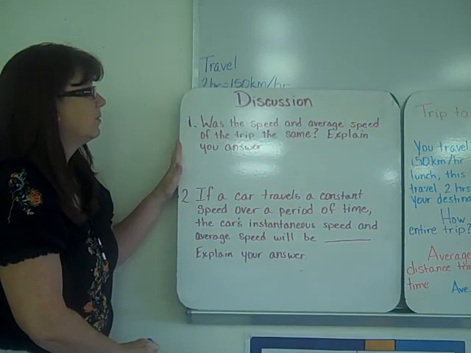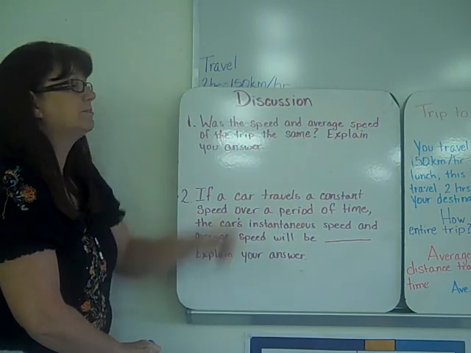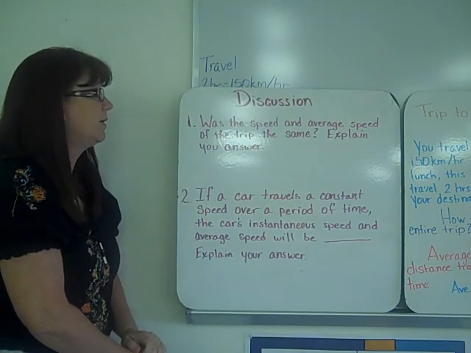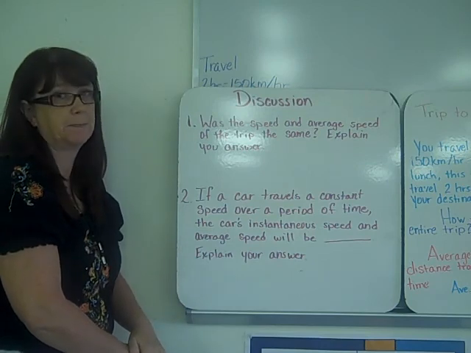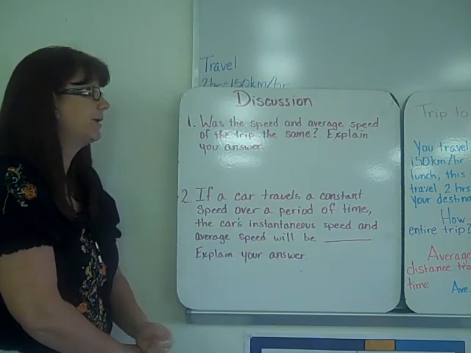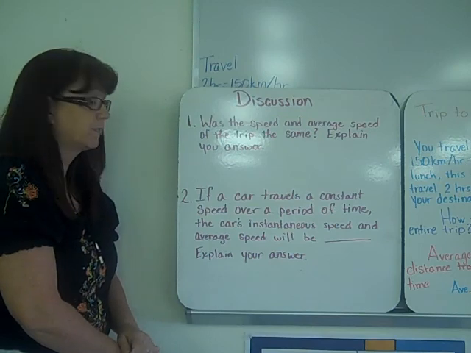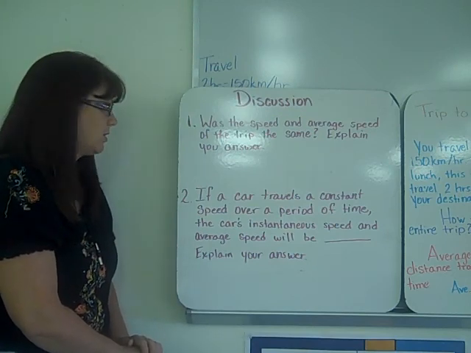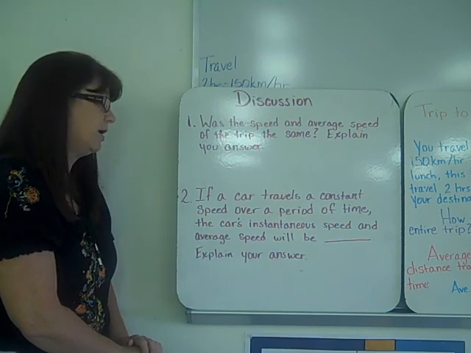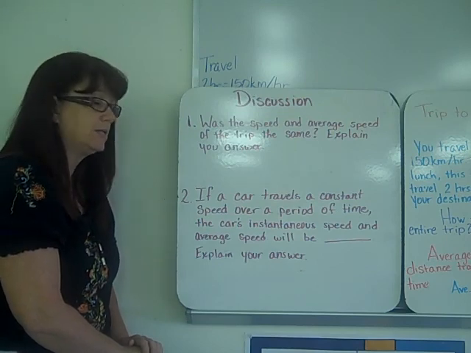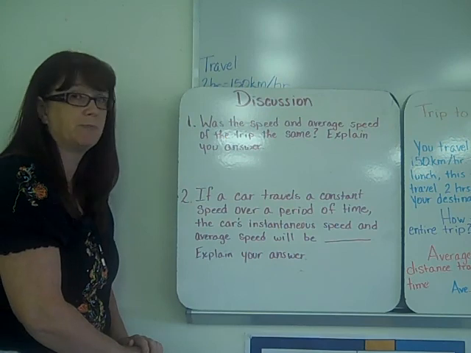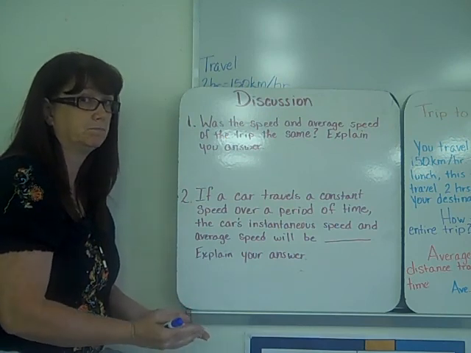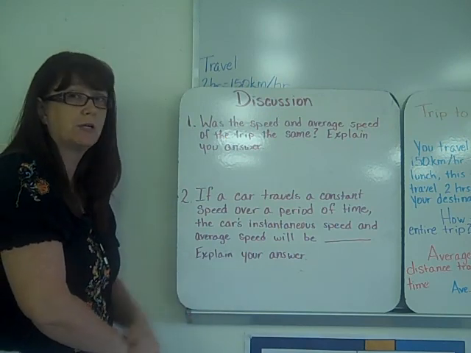First off, was the speed and the average speed of the trip the same? Be able to explain your answer. And then 2, if a car travels at a constant speed over a period of time, the car's instantaneous speed and the average speed will be what? Make sure that you can explain your answer.